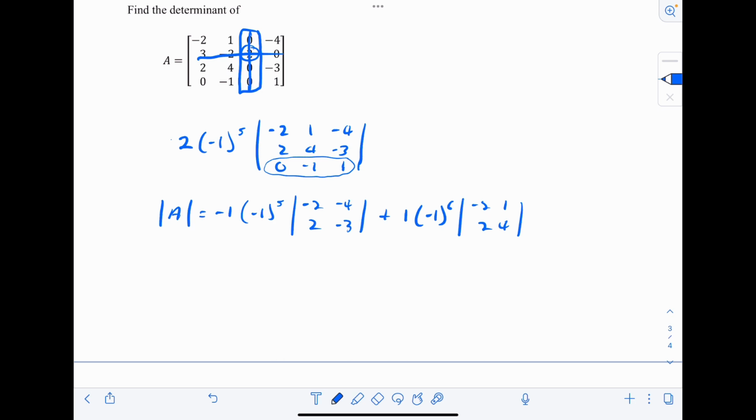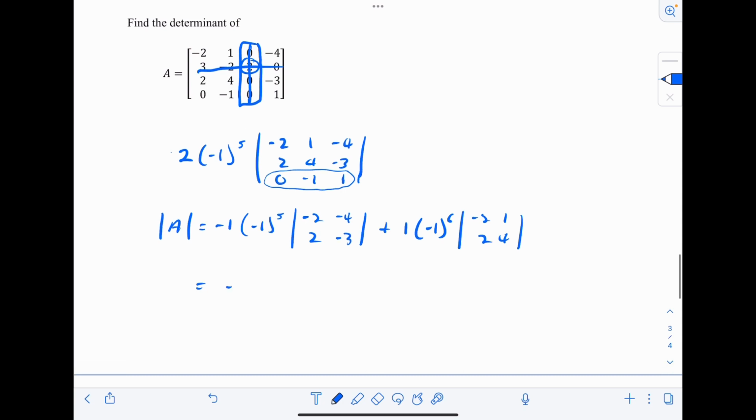So in this case, I have -1 times -1 times the determinant, so 6 plus 8 is 14. And then plus 1 times 1. I'll just write those so we don't lose track that those numbers were there.